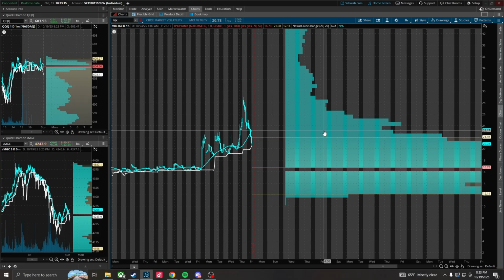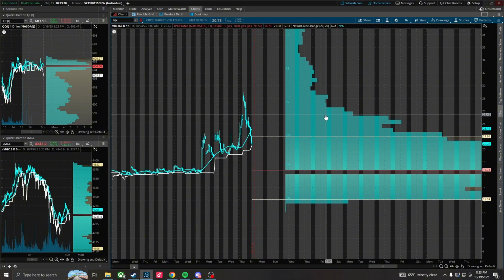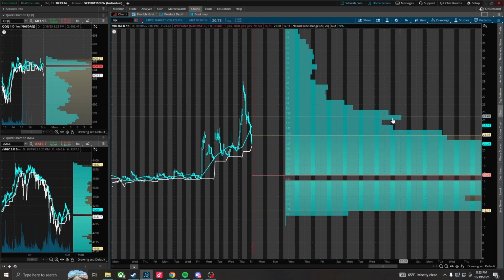Let's say you're an ICT trader scaling from 4 hour to 1 hour, trying to determine your bias. You can also look at the VIX, do the same 4 hour, 1 hour, 30 minute, and come up with your own bias based off of how the VIX was ranging either the past week or the past month. This is going to be a very big tool for you guys.